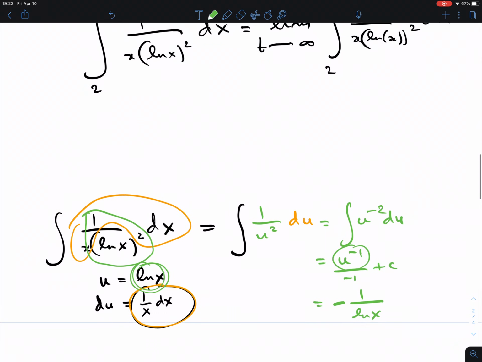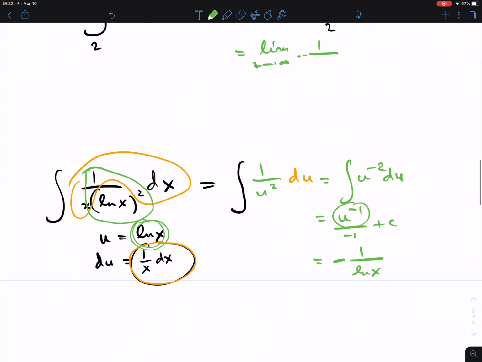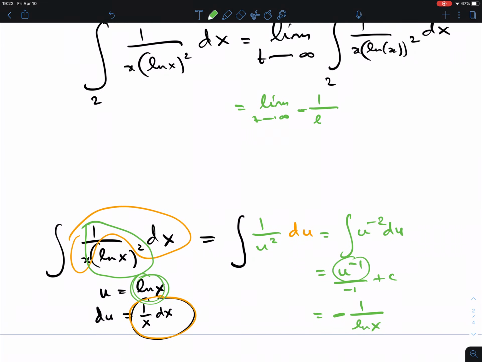Okay, so back now to our integral. This is now the limit as t goes to infinity of minus 1 over ln x between 2 and t. Let's plug it in.